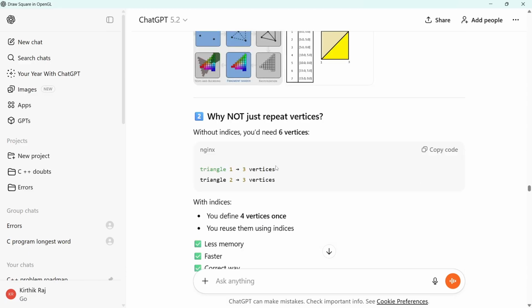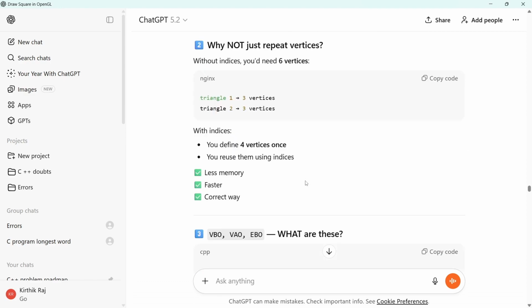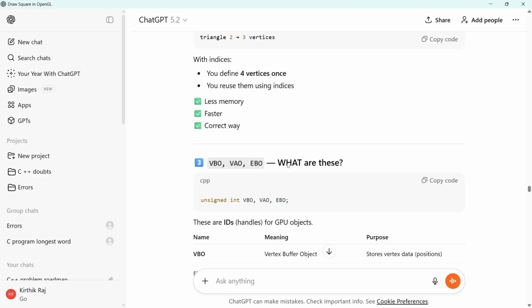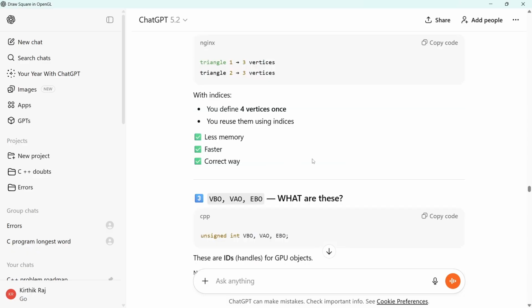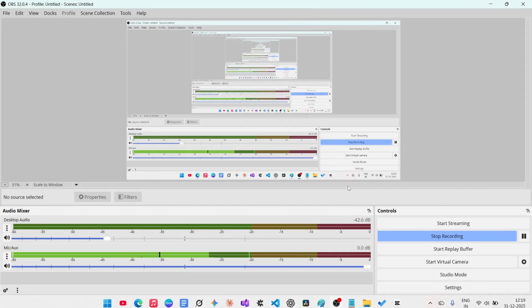Then why not just repeat vertices without any fix? You define four vertices once. You reuse them using your indexes, less memory. What? I have no idea what they are talking about.